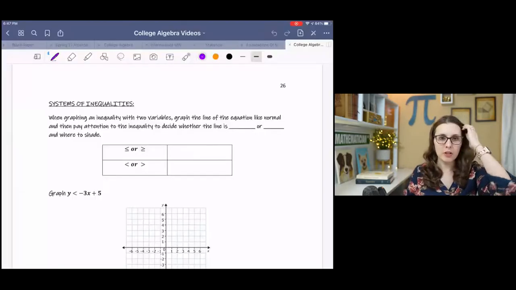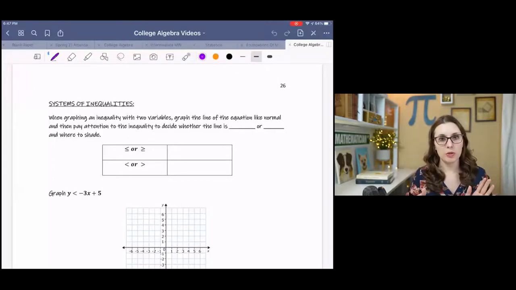When you're graphing linear inequalities with two variables, there's some things that I want to cover before we get into systems. So we're going to look at just a singular inequality before we get into the bulk, the meat of the lesson.